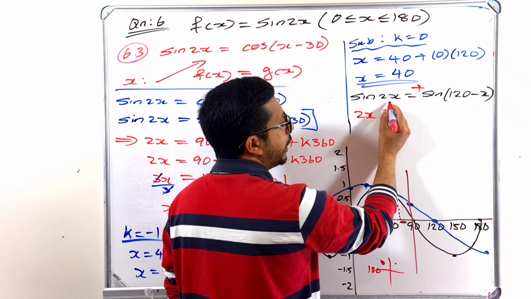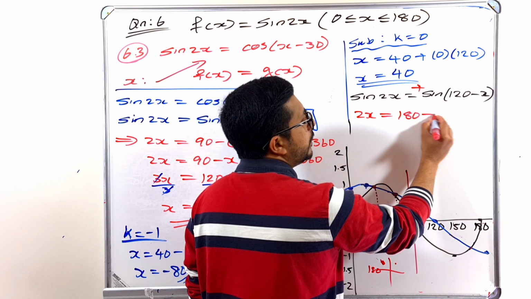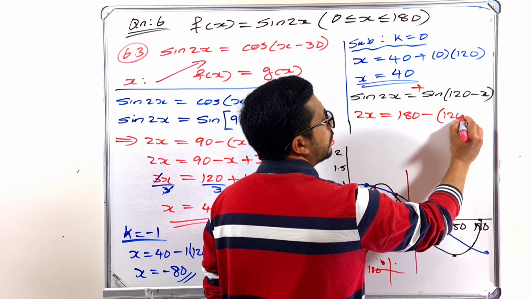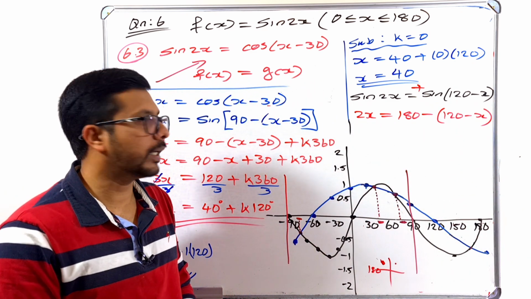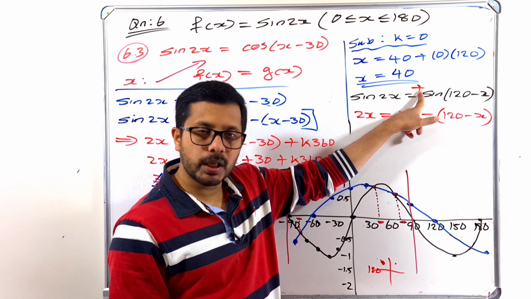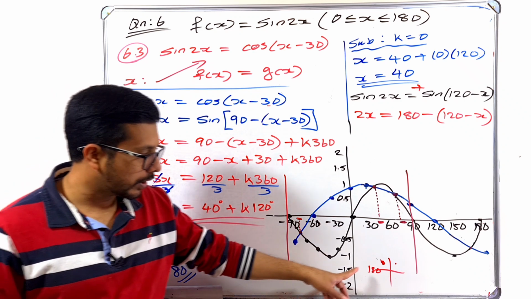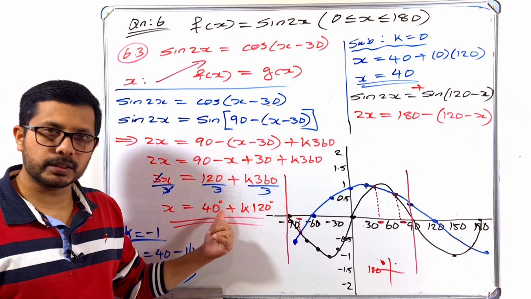Look at how I am going to write. 2x is equal to 180 minus 120 minus x. Why did I write it like that? Because sin of an angle is positive in the first and second quadrant. In the first quadrant we already got the answer, 40 plus.